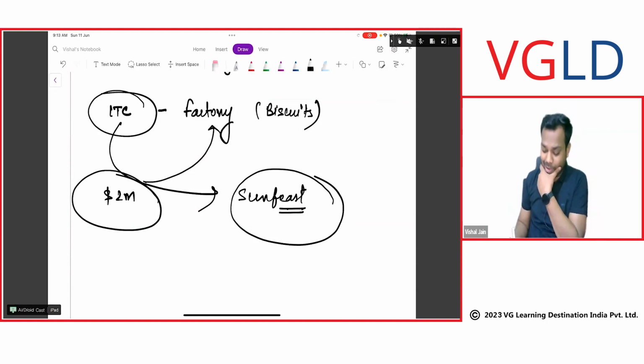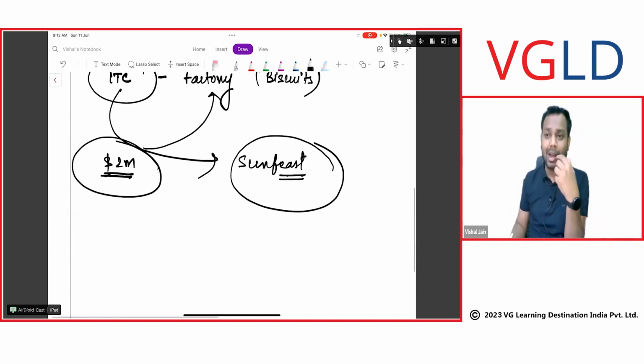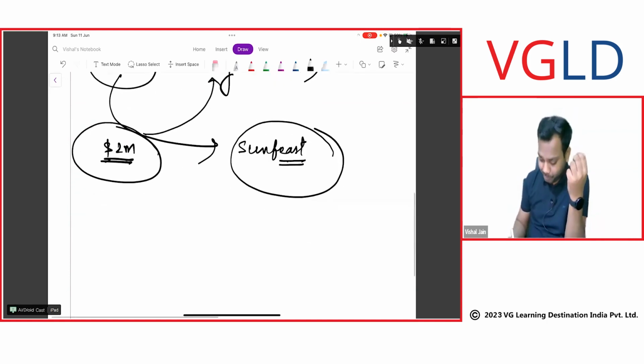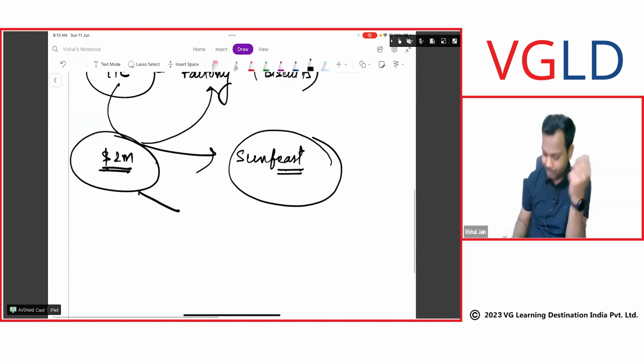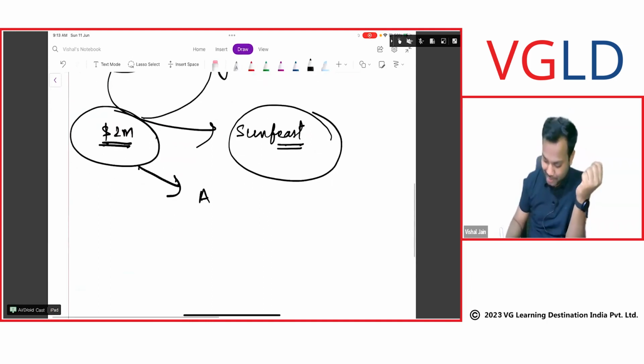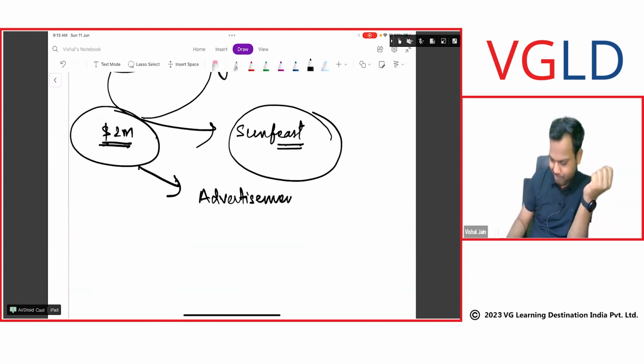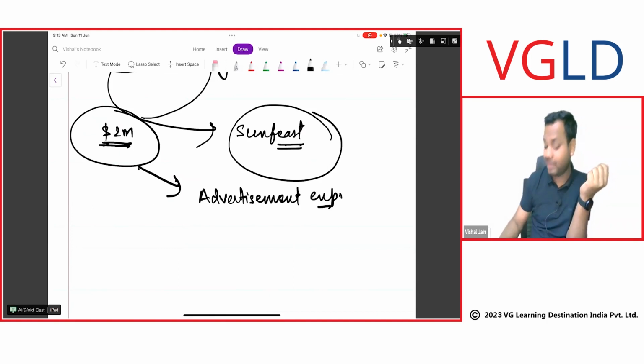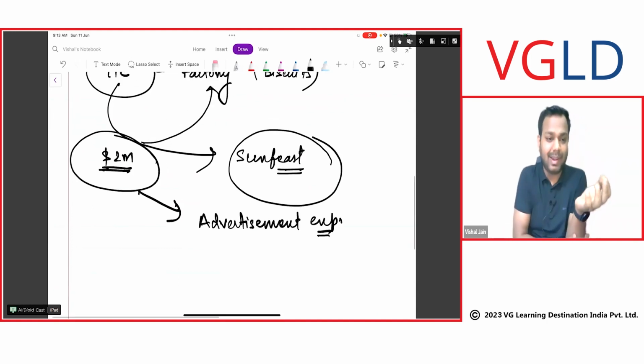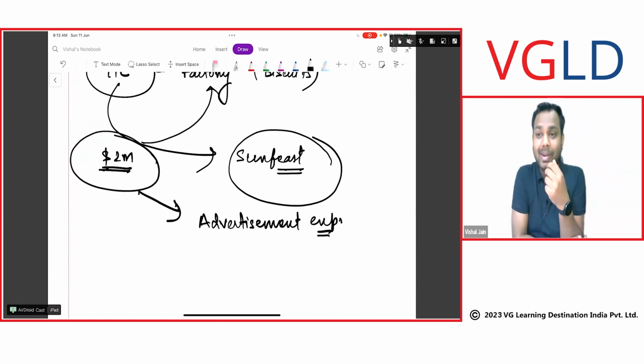Because this $2 million is like an advertisement and promotion expense. Definitely, it can bring us future economic benefits, but it is not probable, and hence we cannot capitalize these costs.